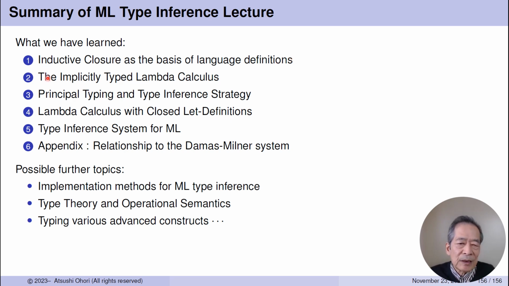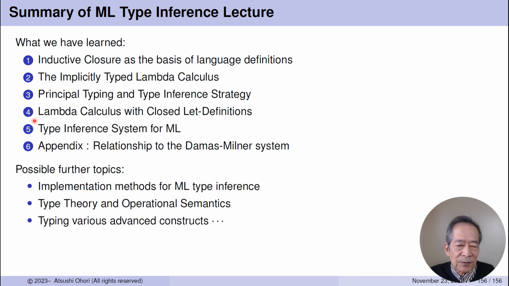And then we carefully analyzed the implicitly typed lambda calculus. And then we introduced principal typing and type inference strategy, defined PTS, and showed in detail that the algorithm computes a principal typing of any lambda expression.